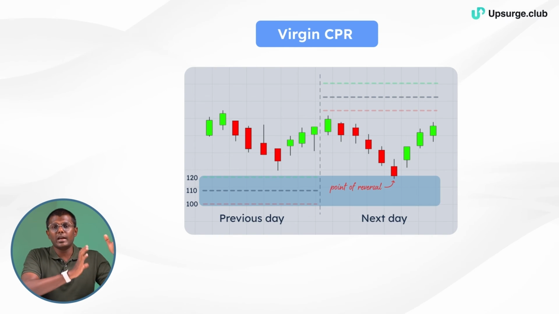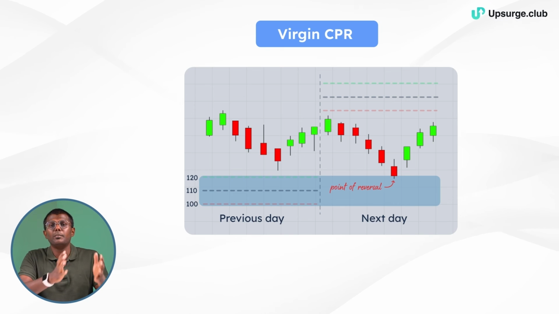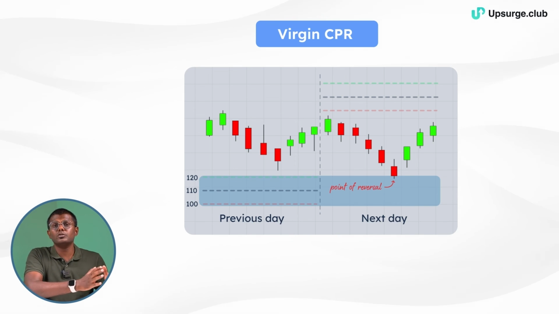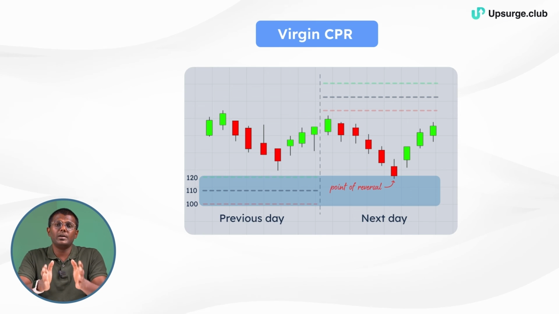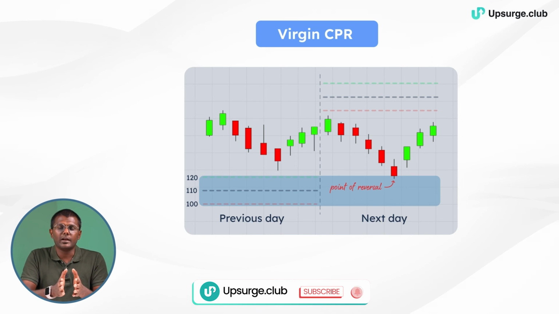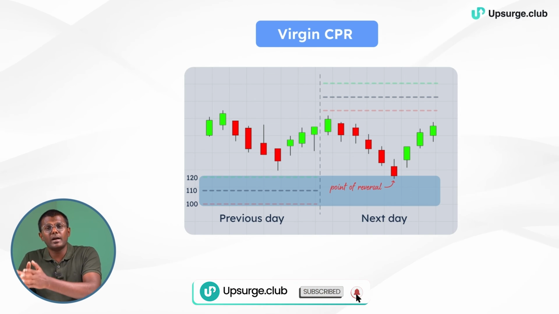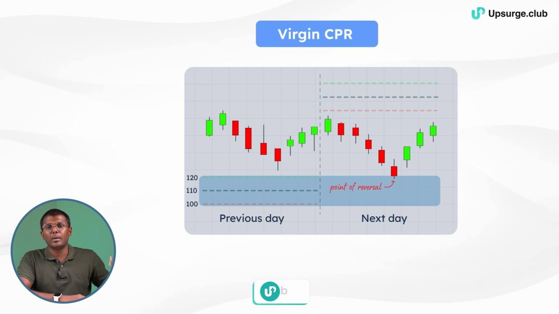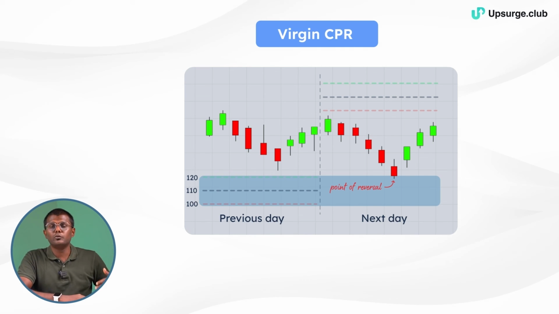Because of the gap up opening, bulls are in tremendous control, so the candles did not approach the CPR levels. CPR is basically a median line where both bulls and bears have equal power. Since there is a gap up or gap down opening, bulls or bears would be dominating that particular day. So there is no need for this median line. Hence, this median line will act as a virgin CPR for the next trading session.